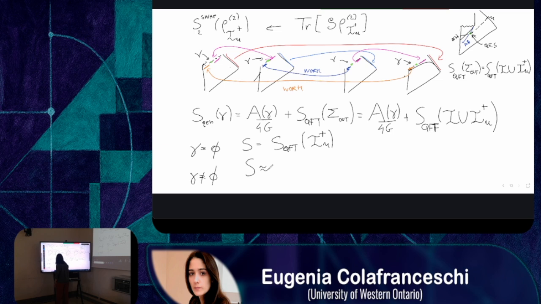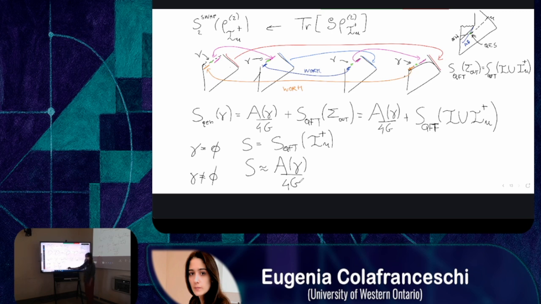And in this case, the entropy, when there is a non-trivial splitting surface, is approximately given by the area of this quantum extremal surface, which ends up on the apparent horizon.